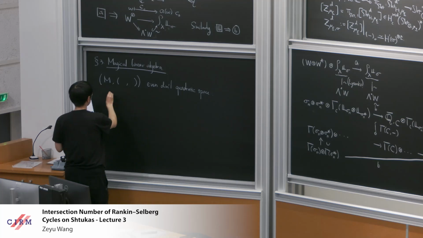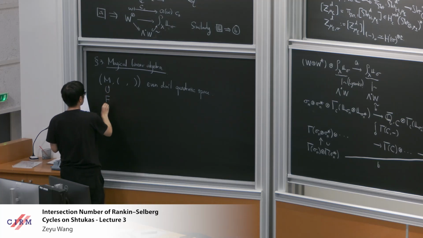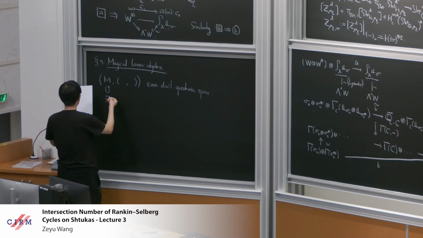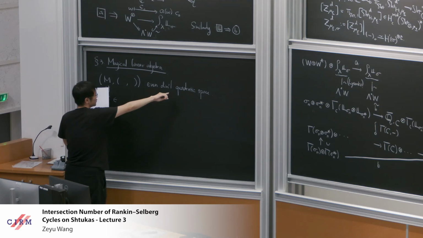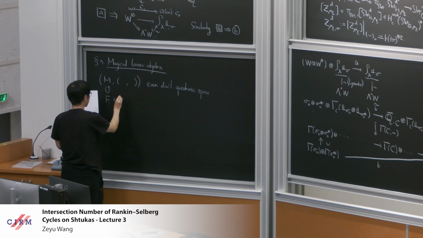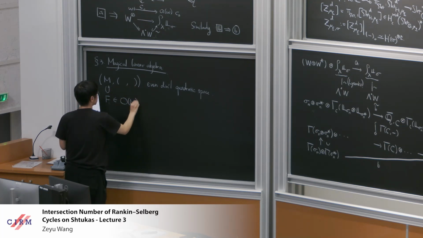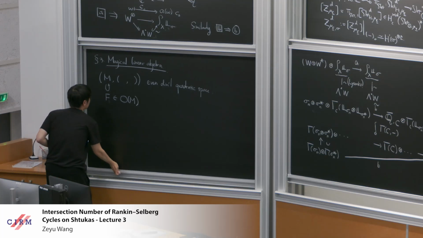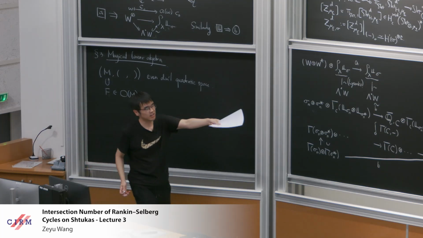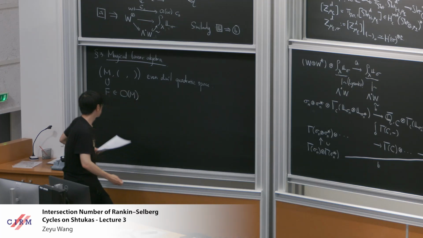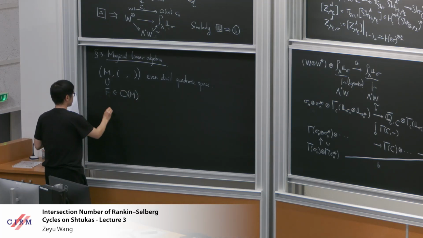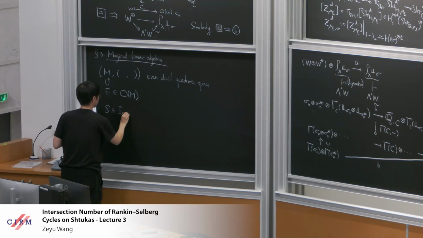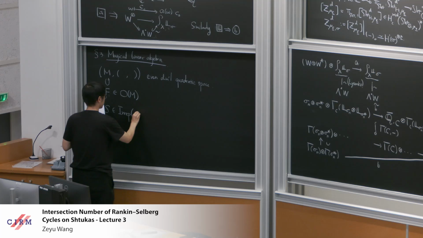And you have an endomorphism of M, which is F. In this setting, it's given by the Frobenius. This quadratic structure is very natural, so the Frobenius lies in the orthogonal group of M. And now M is acting on something, which is the geometric pure integral. So that gives you an S, which is an irreducible representation of the Clifford algebra.